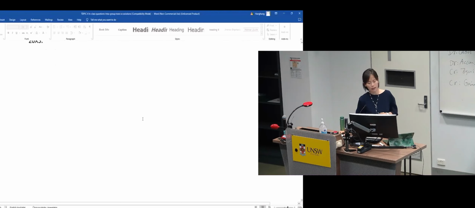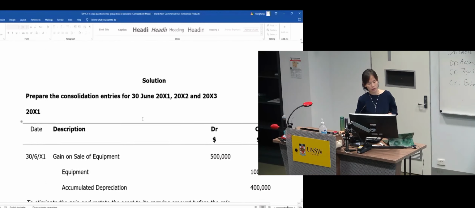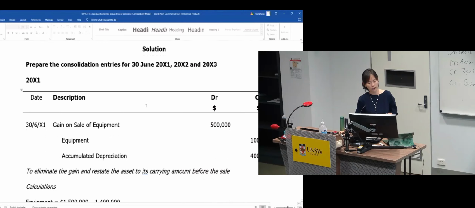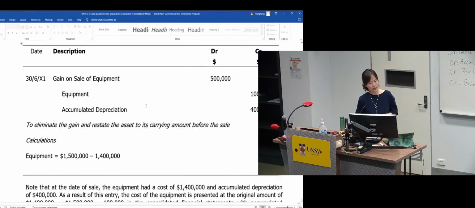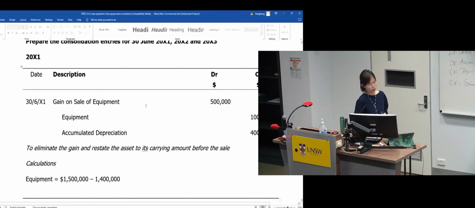Now, based on this analysis, let's prepare our worksheet entries on 30 June year X1. You can see year X1 includes elimination of the intra-group gain on sale, that is 500,000. We also need to adjust the carrying amount of the items sold.